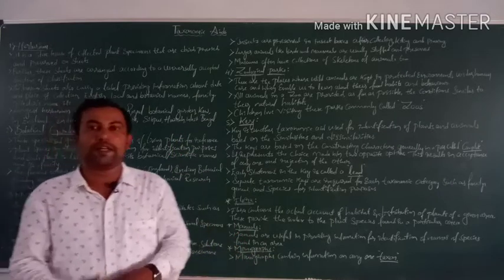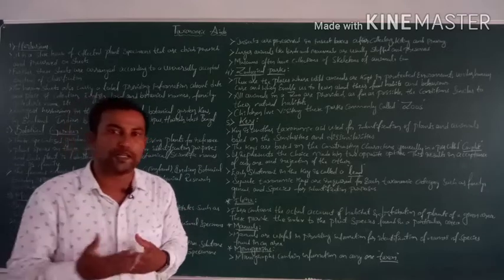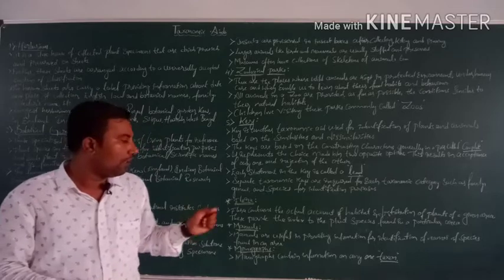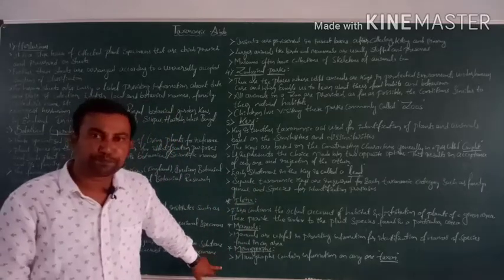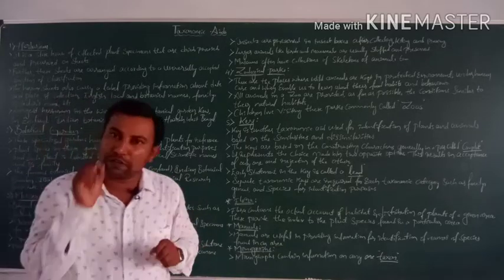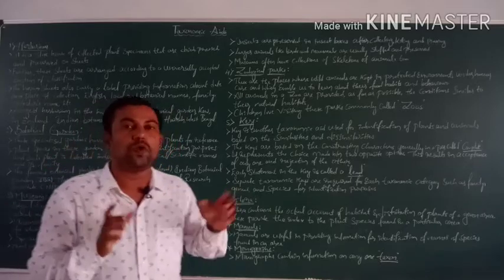Okay, and come to the next one, that is monograph. So what exactly is the monograph telling? A monograph contains information on any one taxon. It focuses only on one taxon.